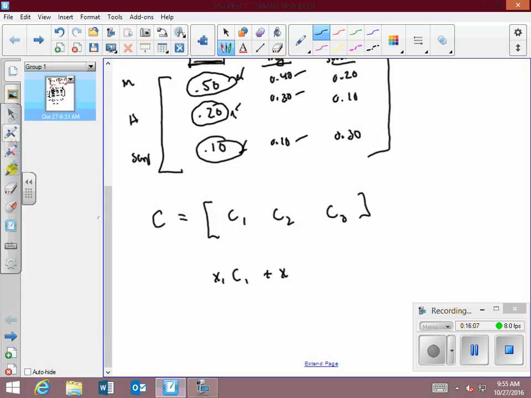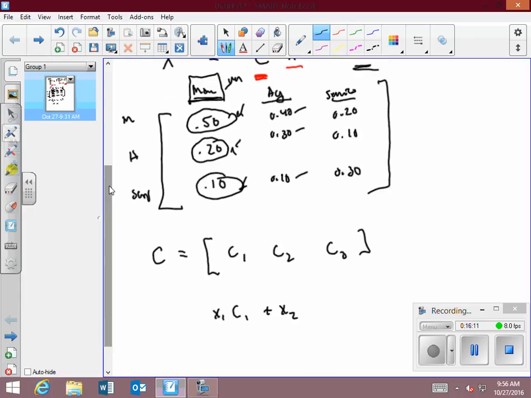And how much is produced from, in this case, agriculture, is going to require C2 units of output from the three sectors. And then how many units of output of X3 are produced, it will require whatever that vector C3 is from all of the sectors in the production process.